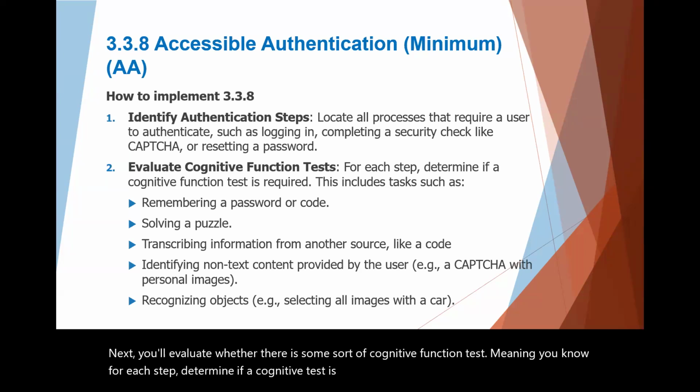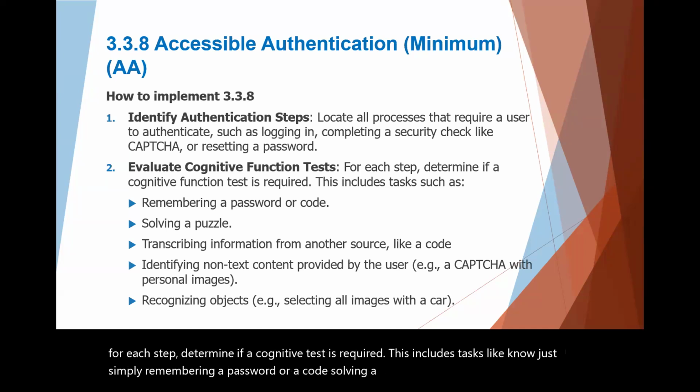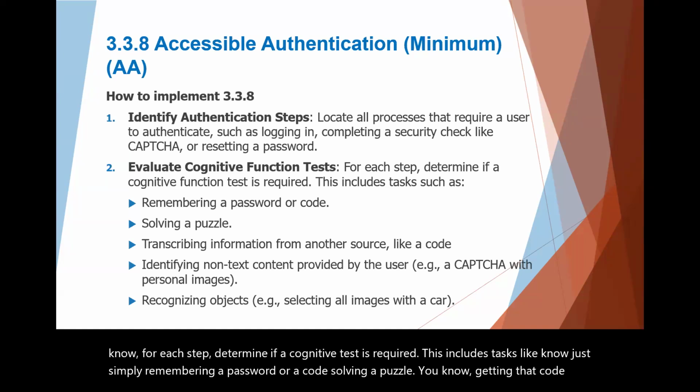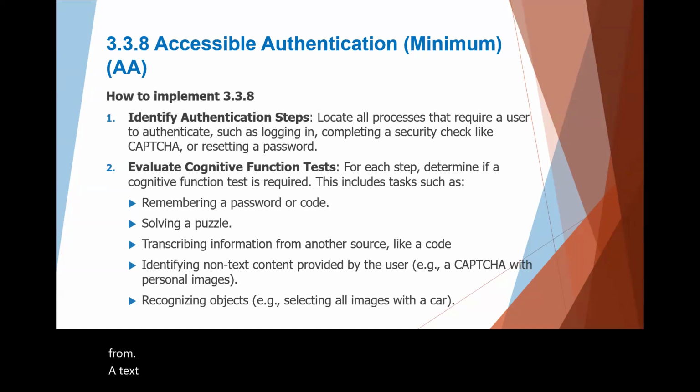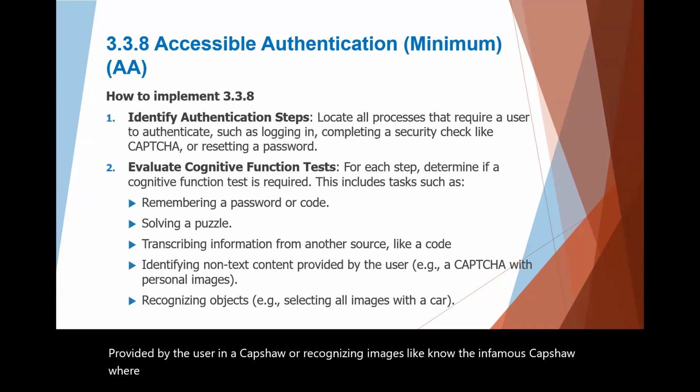This includes tasks like simply remembering a password or a code, solving a puzzle, getting that code from a text message or an email, identifying non-text content provided by the user in a CAPTCHA, or recognizing images, like the infamous CAPTCHA where you have to pick all the images with a car in it.